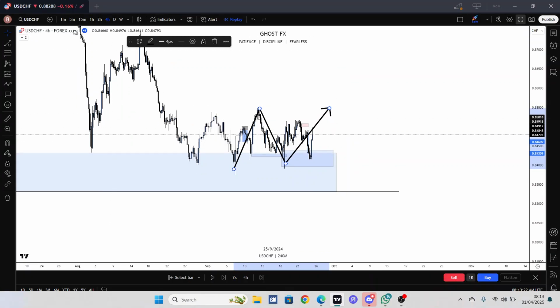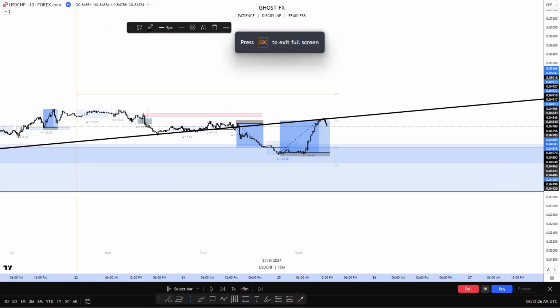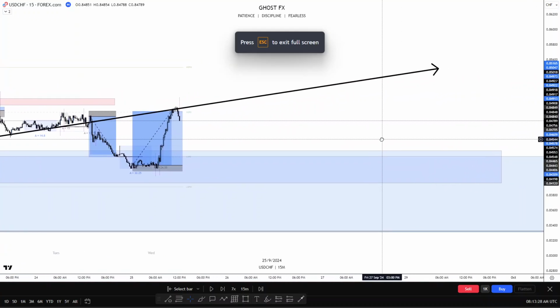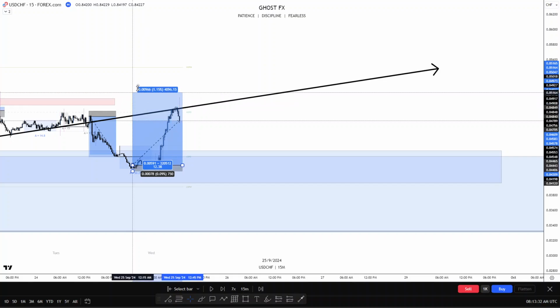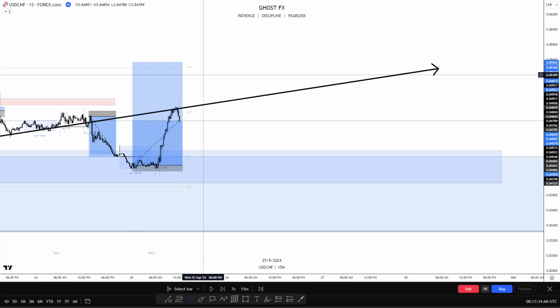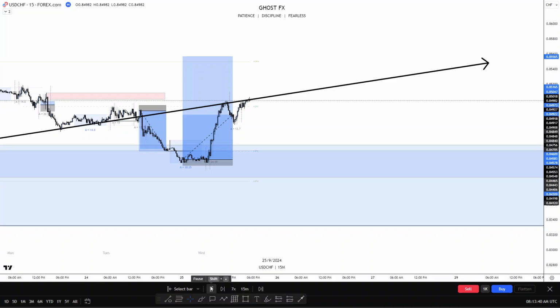So I'll go to my 15 minutes, target the highs, stops at break even, target the highs here. So you see how we've mixed the 4 hour and the daily all together.